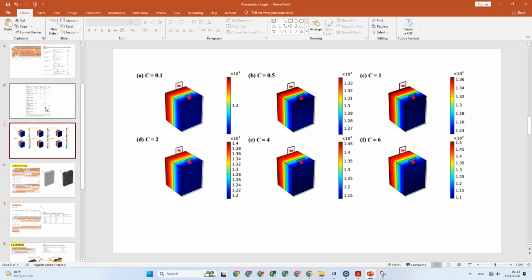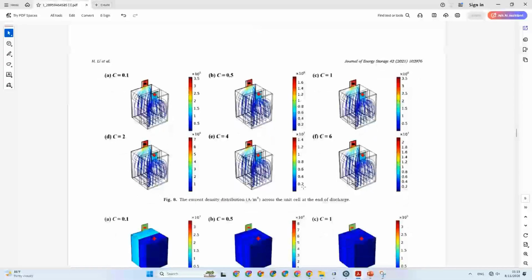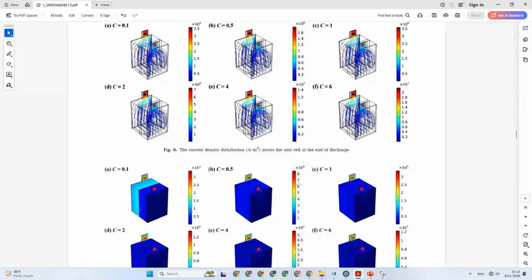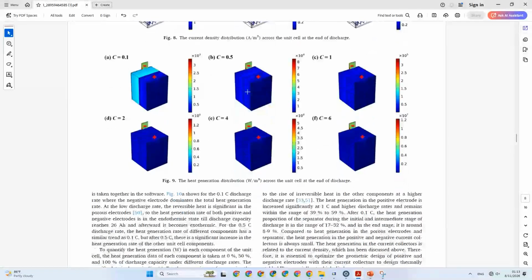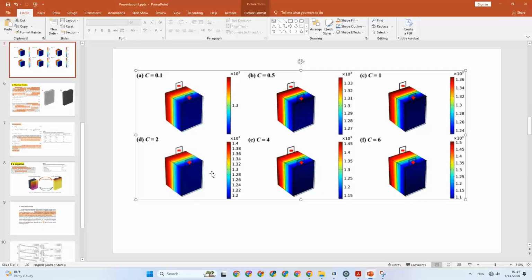Okay, this is an electrochemical part, and this is also electrochemical. Okay, so we can copy that.